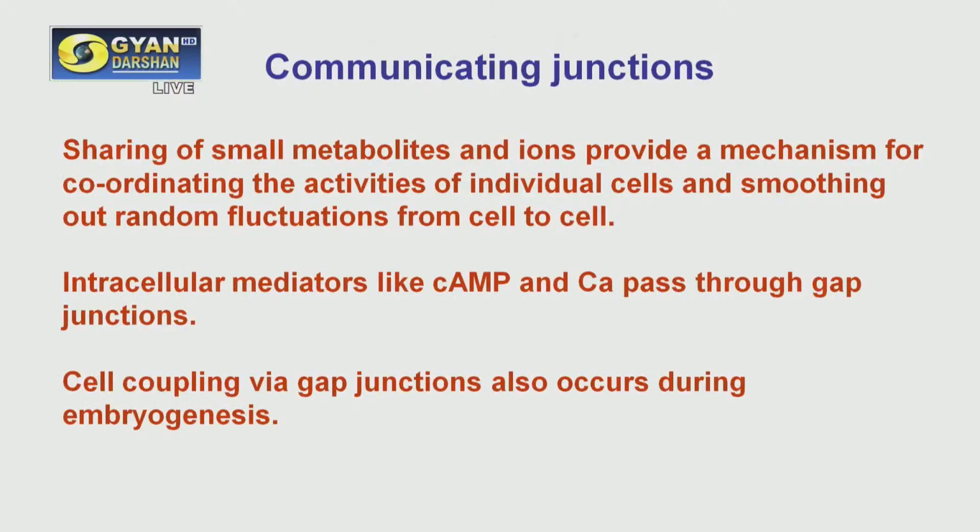So there in the synaptic cleft, there is this kind of gap junction, because the signal has to relay from one neuronal cell to the other. So in the synaptic transmission, you will very well find this kind of gap junctions. So, in short, sharing of small metabolites and ions.